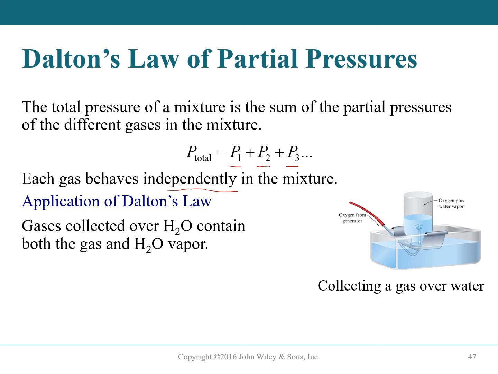Well, we collected it over water. So what happens is, not only is the gas oxygen collected over here, some of the water in here goes into the vapor state.